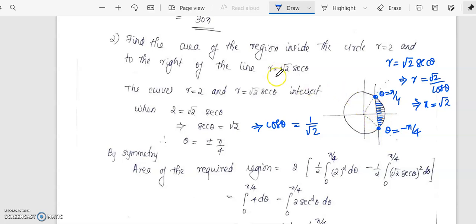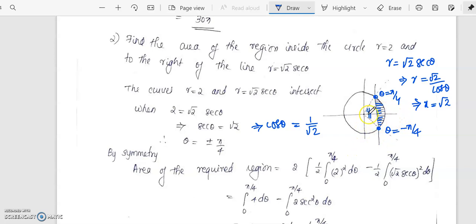Similarly, if you integrate this function, when you take integral 1 by 2 r square d theta, where r is equal to root 2 sec theta, we will get the area starting from this ray up to this line. So when you subtract the area of this sector of the circle, that is, the portion we just mentioned, the area up to root 2 sec theta, from the area of the circle, we will get the area of the shaded portion.